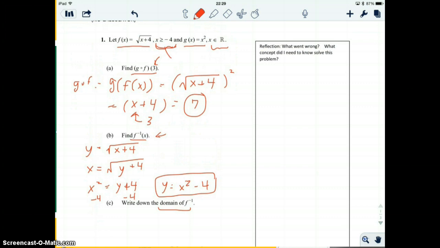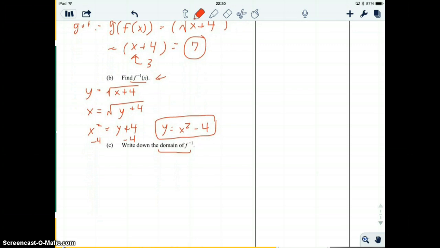What is the range? If you took the square root of this number, which is from 0 to infinity, you're going to get a number that is from 0 to infinity. So the range is y is greater than or equal to 0. Okay, all positive numbers is the range for f.